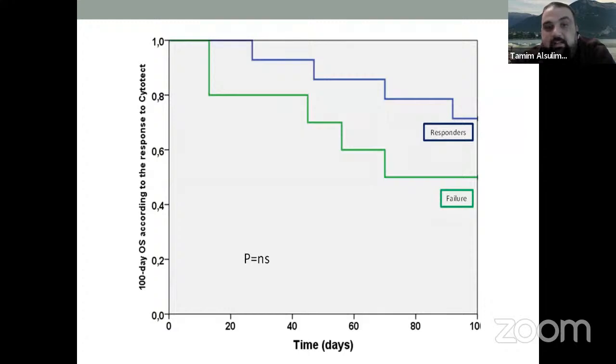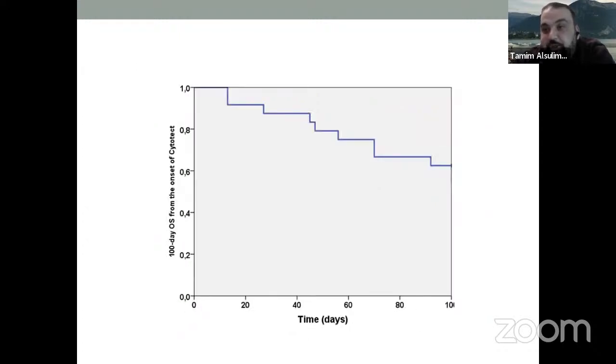For the overall survival, the p-value was not significant. I don't know if it's also about the number of patients; we have a small series, so it's not so easy to establish a significant p-value.